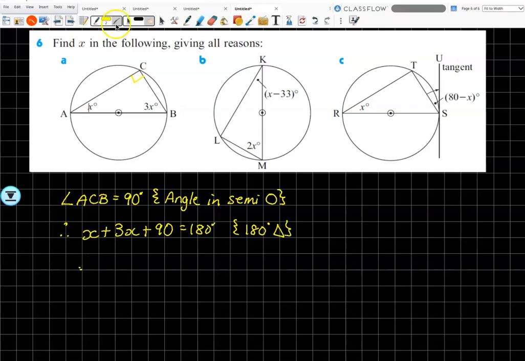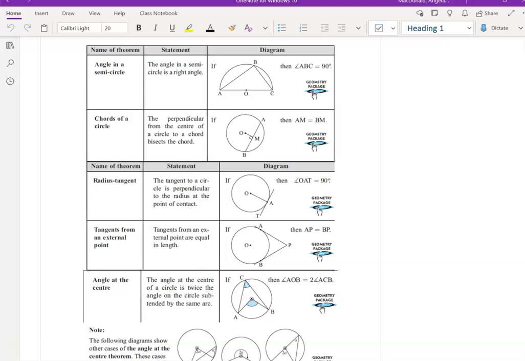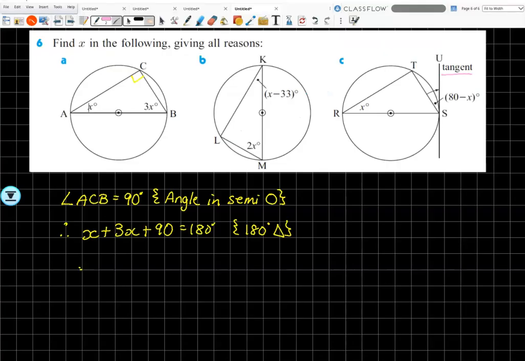Because my time is done. So, have a look. Look at your theorem, see which one can apply. When you look at this, absolutely, tangent is the key word. You guys have picked it really well. Not going to go through any of these because they don't have the tangent. This one is great. I think that one's going to be helpful. Agreed? What is that telling us? That this is 90 degrees.